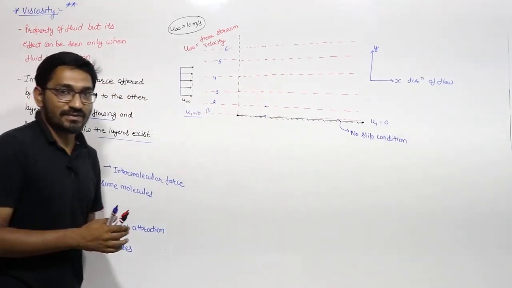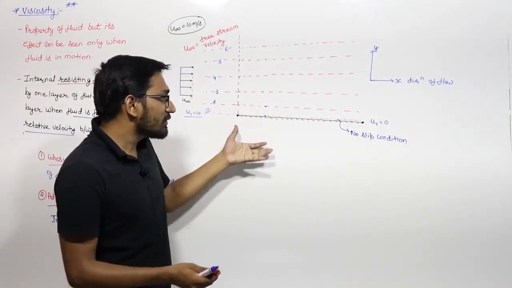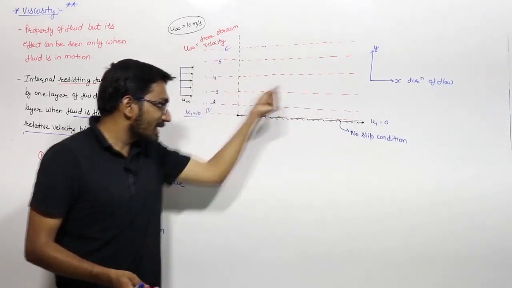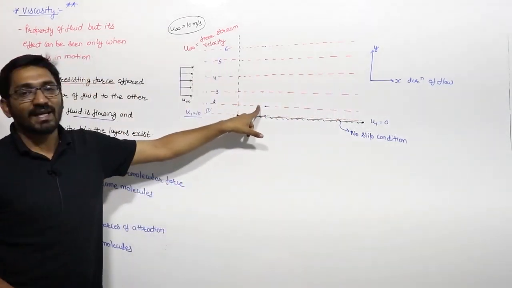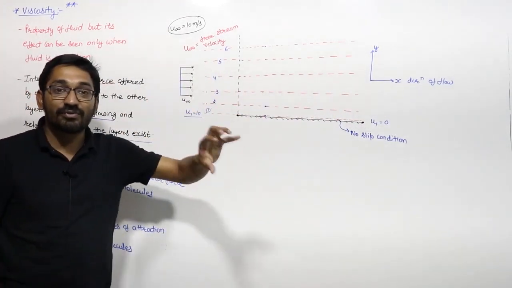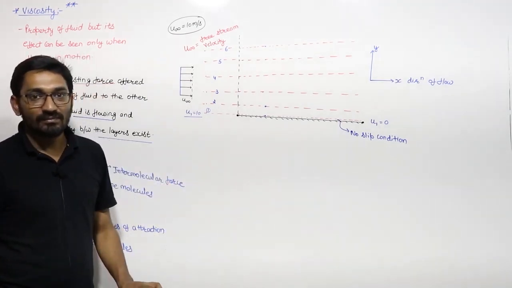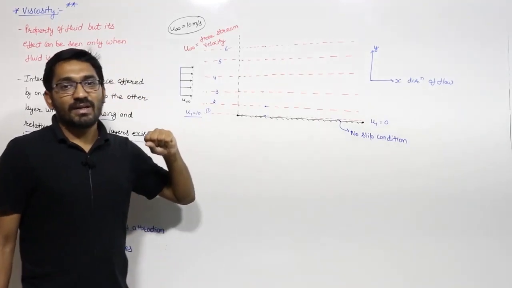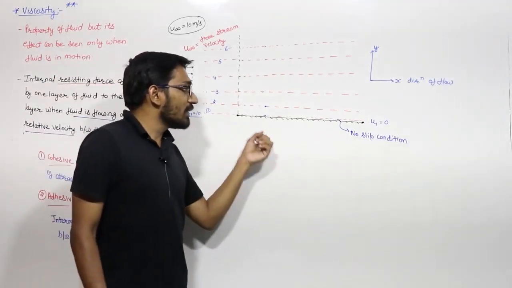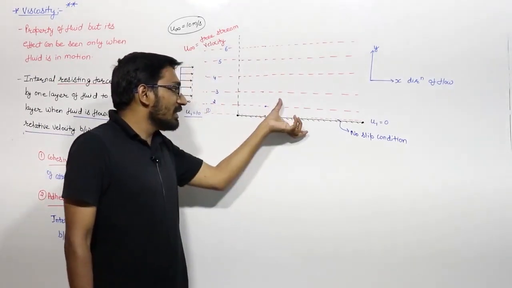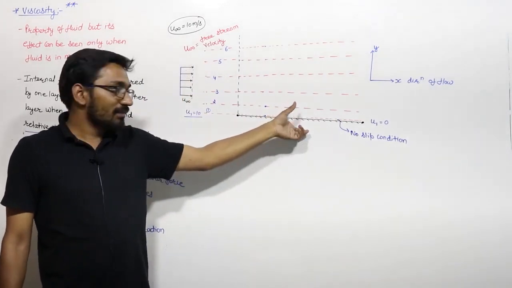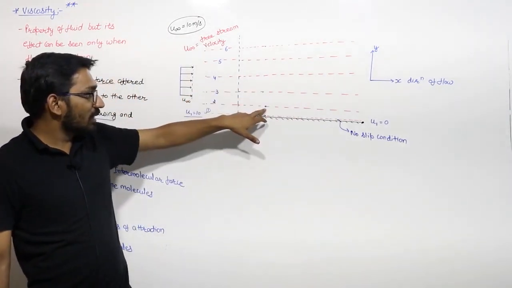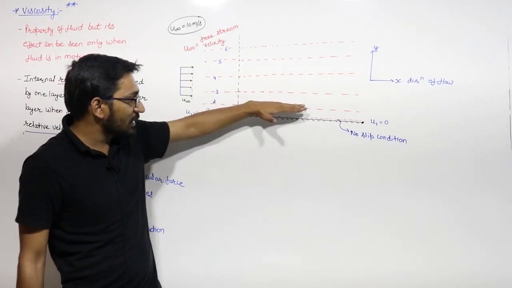It will provide some resistance to the motion of the second layer because of cohesive forces of attraction. So because of this, a resisting force comes into the picture because there is relative velocity between them, while this molecule tries to go in the forward direction.